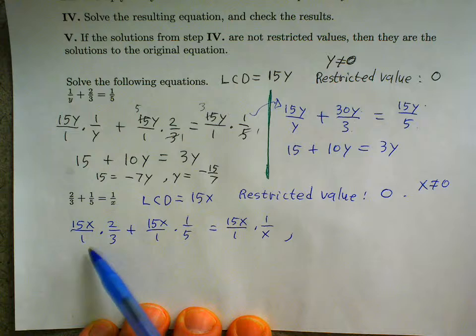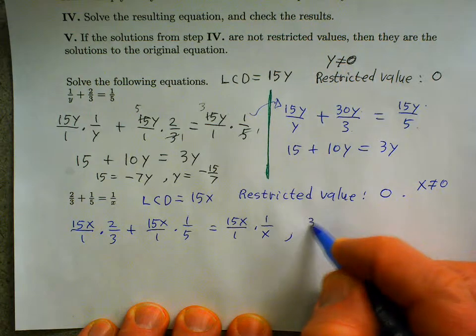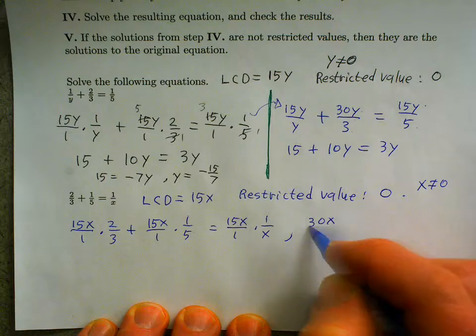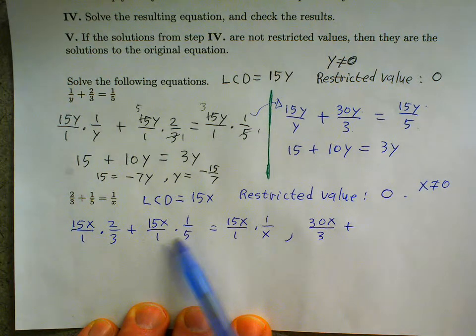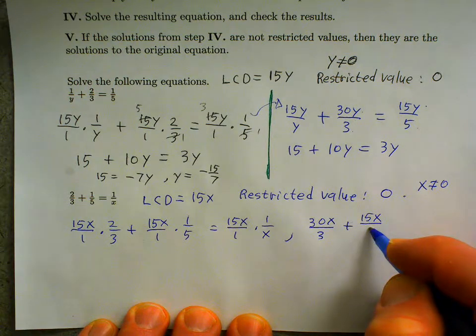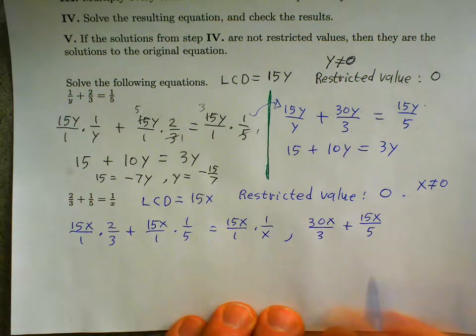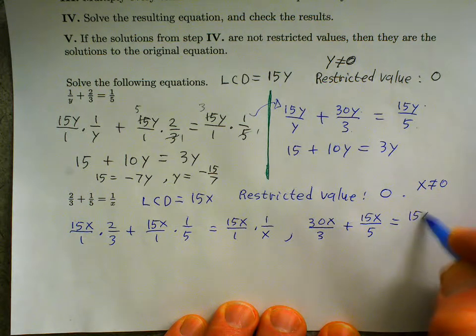We can multiply the products. 15x over 1 times 2/3 is 30x over 3. 15x over 1 times 1/5 is 15x over 5. On the right-hand side, 15x over 1 times 1 over x is 15x over x.